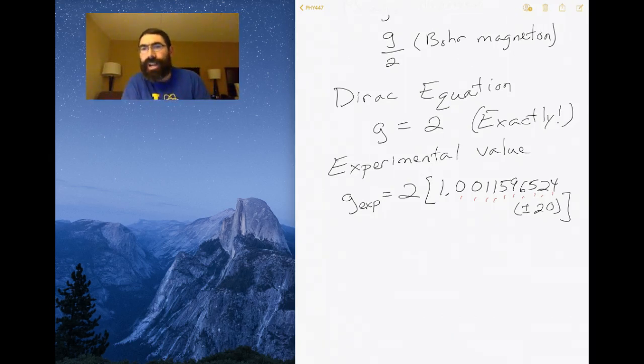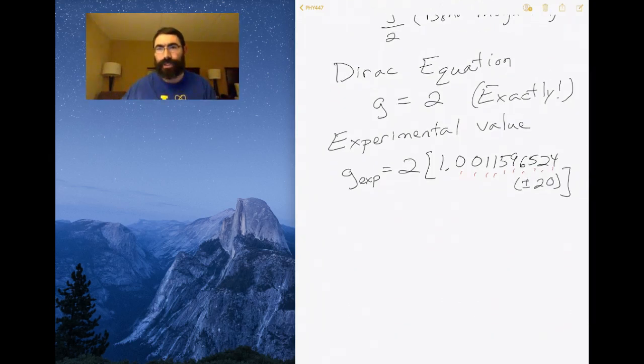So if you look at this, Dirac predicted that G factor should be 2 exactly, no decimals on it whatsoever, experiment says it deviates from 2 in the 3rd decimal place. So that's a pretty good measurement. But it deviates from it, and we've been able to measure it now to 10 decimal places. So it's not like there's an error involved in here.